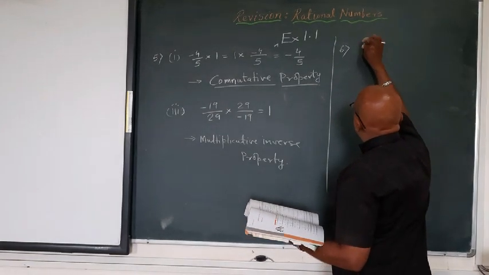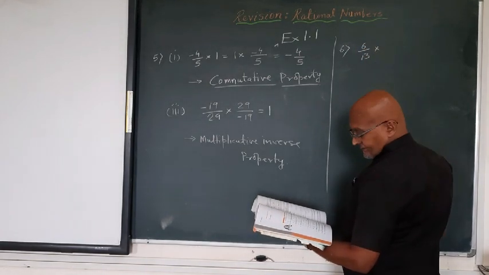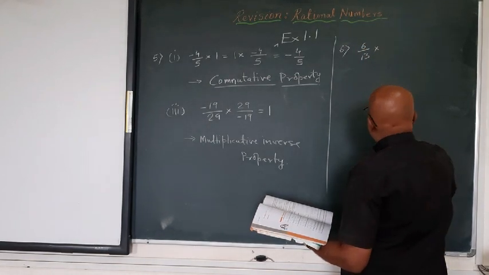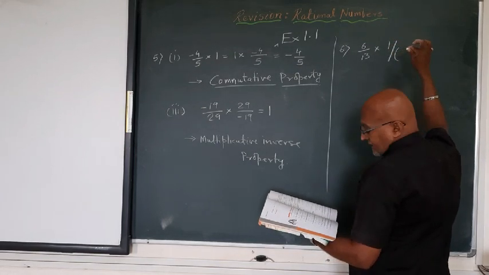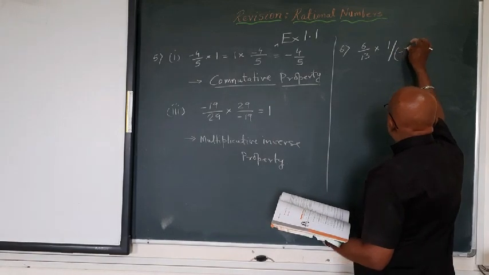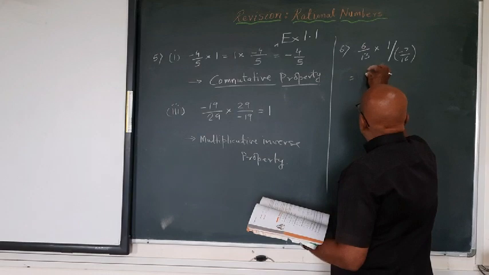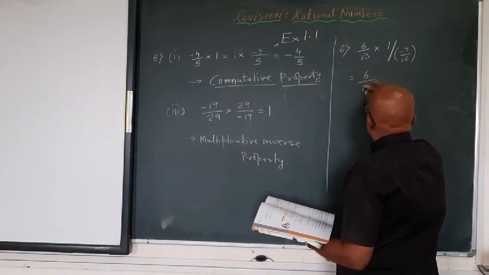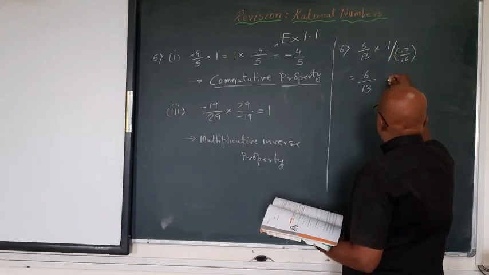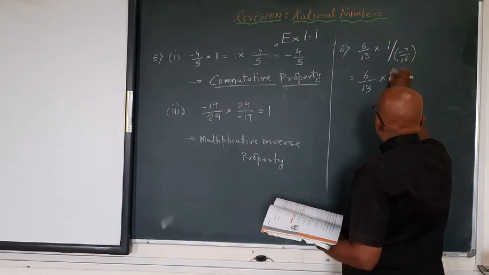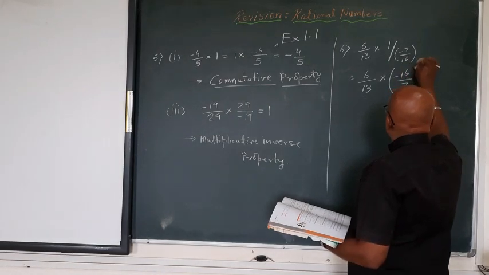So 6 by 13 multiplied by the reciprocal, which is always taken as 1 upon the given quantity, that is minus 7 upon 16. So 6 by 13 will remain as it is, and as this is in the denominator, this will get reversed, that is inverted. So multiplied by minus 16 upon 7.